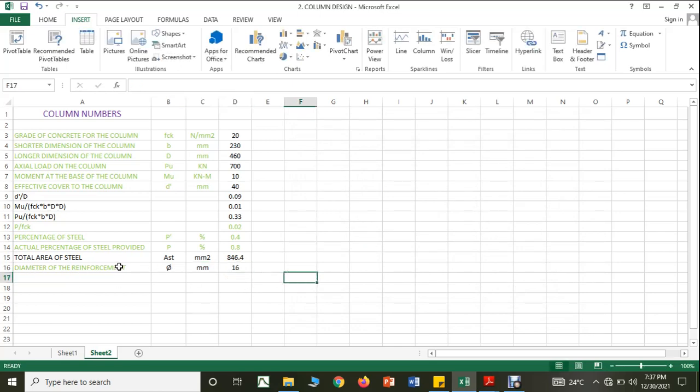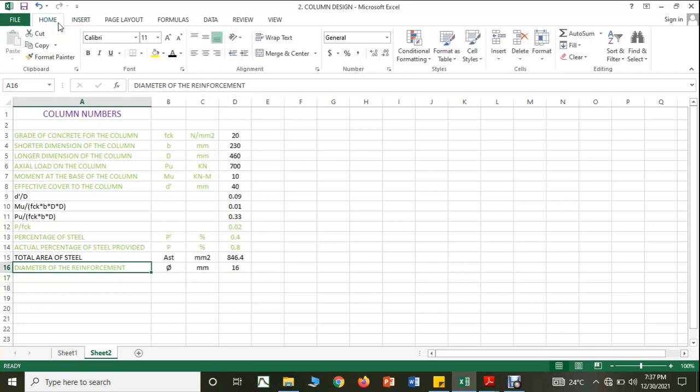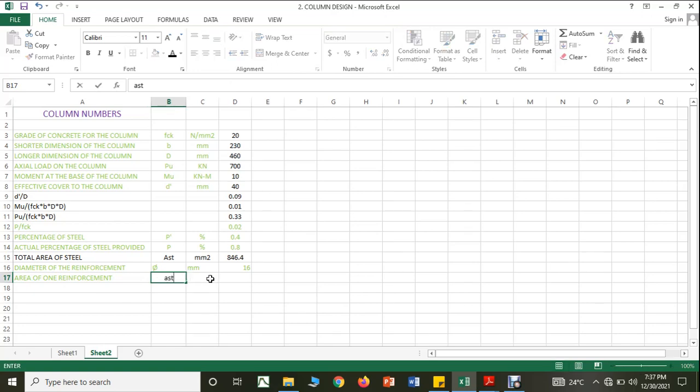That will be in green color because it is an input value. Then the area of one reinforcement, I can write it as small ast, which will be in mm square.